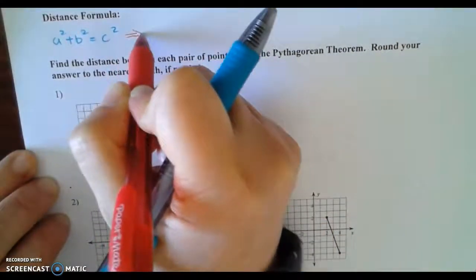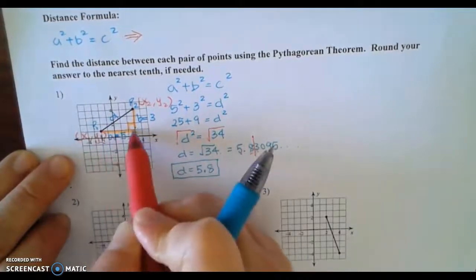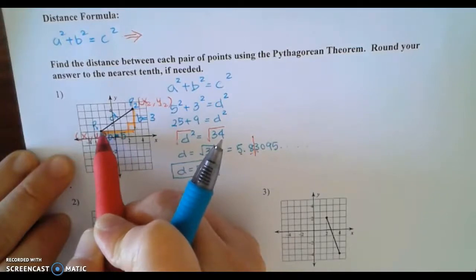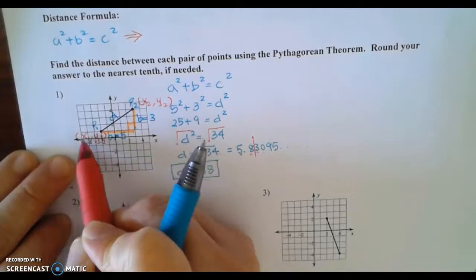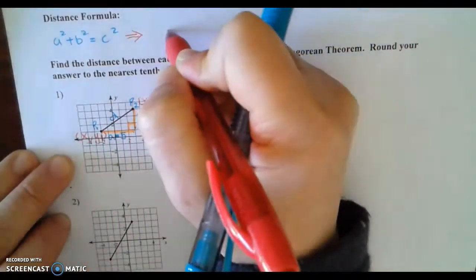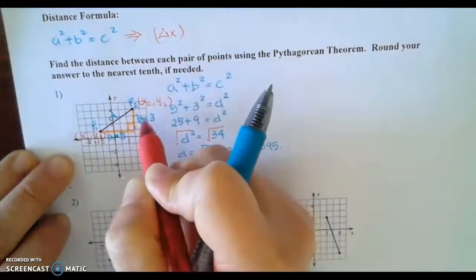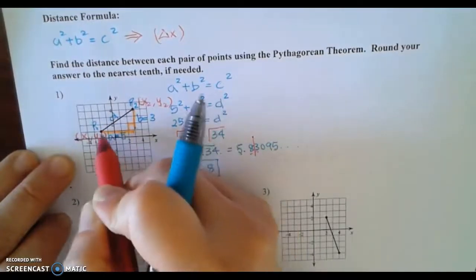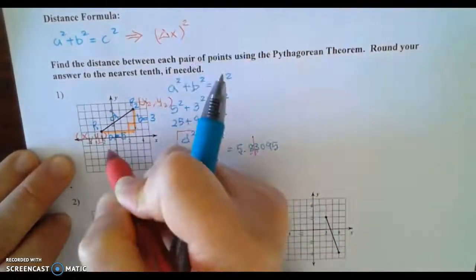So from here, what is a? A is how much the x coordinate changed. The 5 represents how much the x value changed. So that's going to be change in x. Change in x is how much the x coordinate changed from this point to that point, and that's going to be squared.